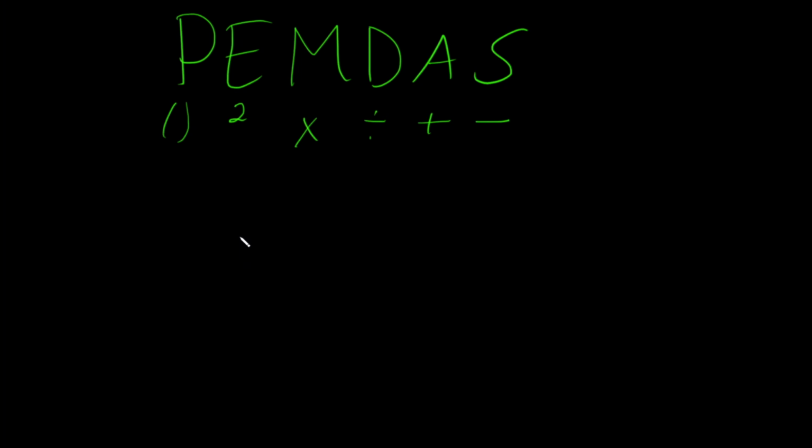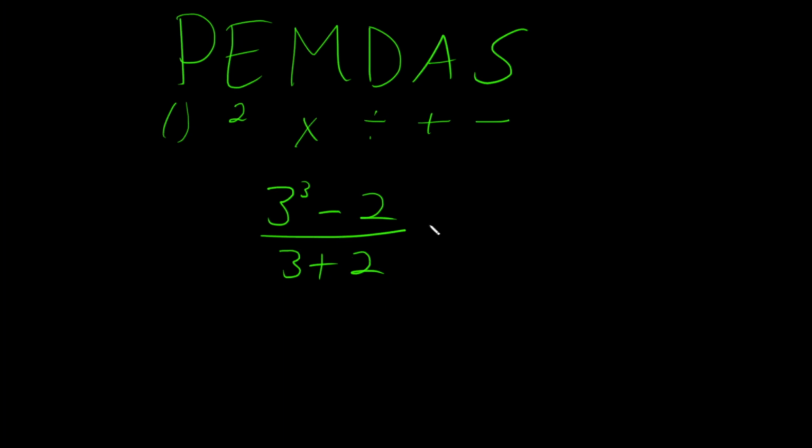Now what would happen if you have a problem that's written out like a fraction? For example, let's say we had 3 cubed minus 2 over 3 plus 2. So we should be familiar with the fraction line. That really represents division. However, when it's written this way, we need to take care of what's in the numerator separate from what's in the denominator, and then we can divide everything.